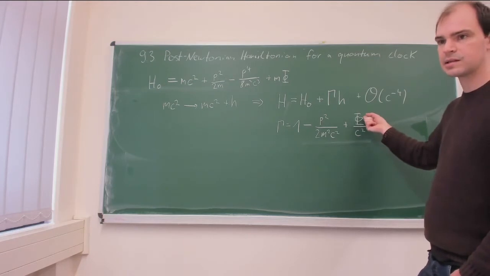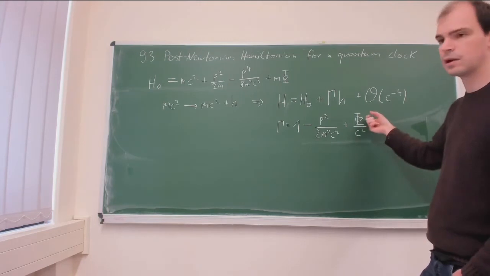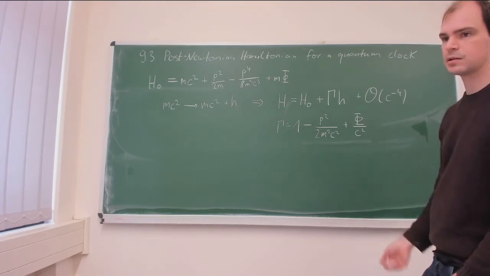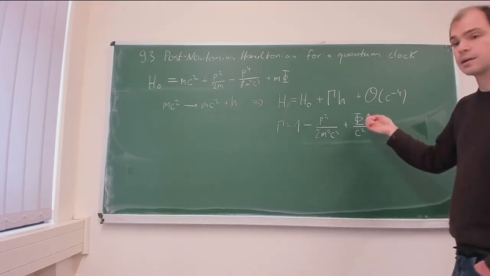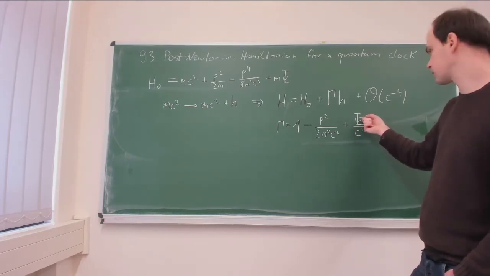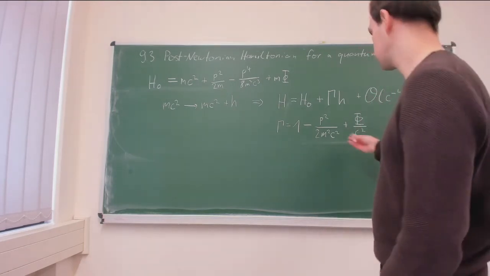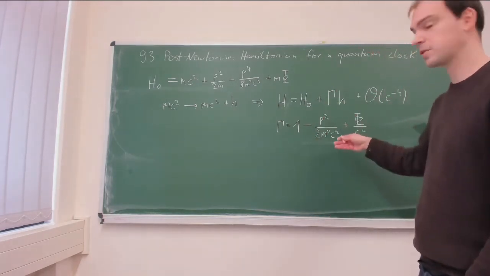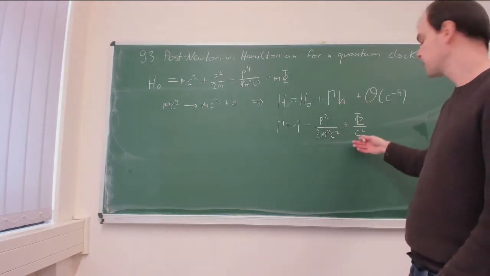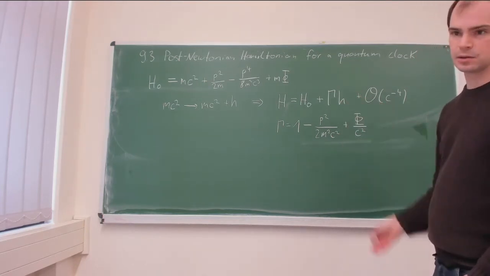In the easiest case, if you just have the homogeneous potential m times g times z, then this is just linear in position. But in any case, this will give you a coupling of the center of mass position of the particle to the internal Hamiltonian. So we have these two types of couplings. From the special relativistic effect, we get a coupling between center of mass energy and internal energy. And from gravity, we get a coupling of center of mass position and internal energy.